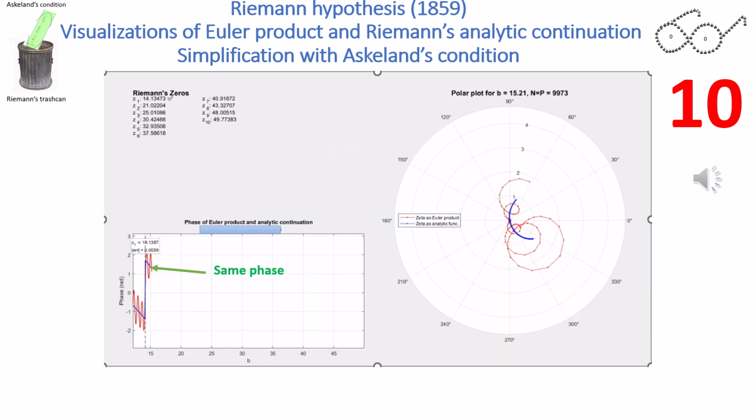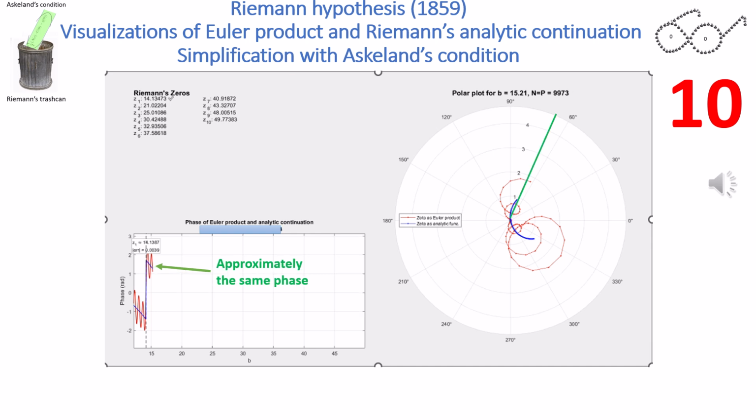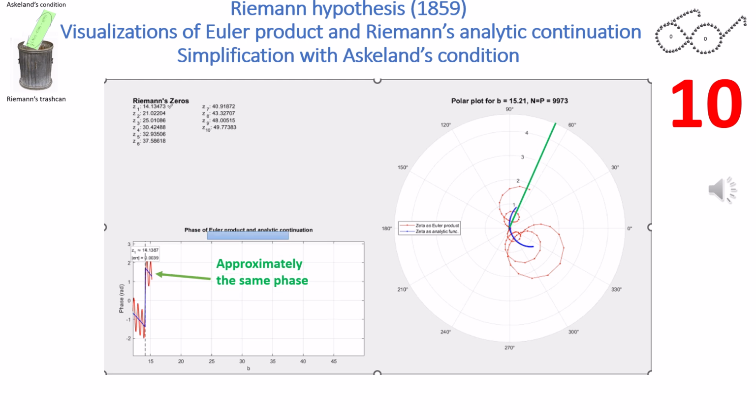In this case, the phase plots have approximately the same phase, which means that the phases in the polar plot should be approximately the same, which is the case.